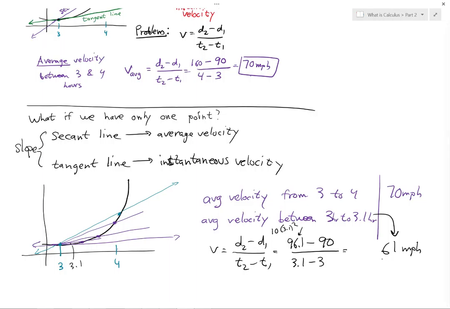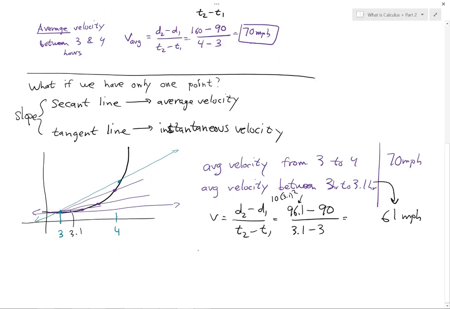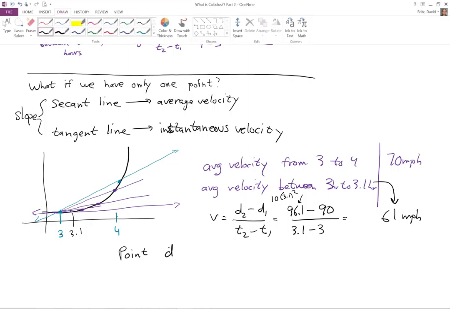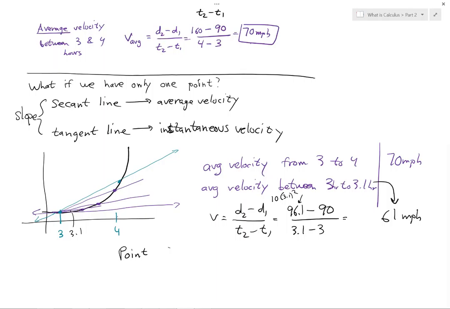What we want is point T2 to approach T1. This is the big term with calculus, to approach T1 with the distance arbitrarily close to 0.